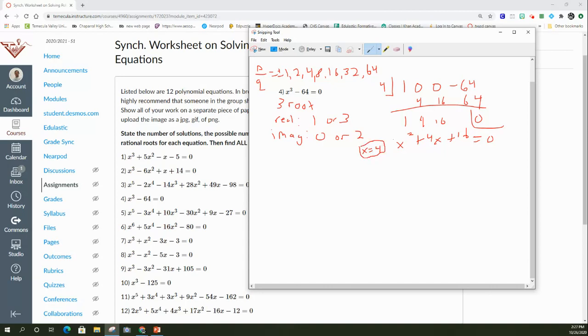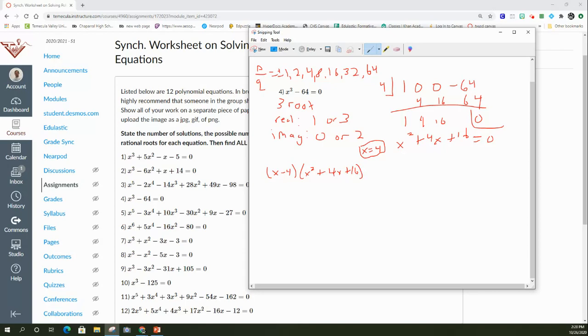And the other answer is x equals 4. This one has to be solved using the quadratic formula, and it's really fast. If I would have used the difference pattern of two cubes, 64 is 4 cubed, so it would have just been x minus 4, and then x squared plus 4x plus 16.